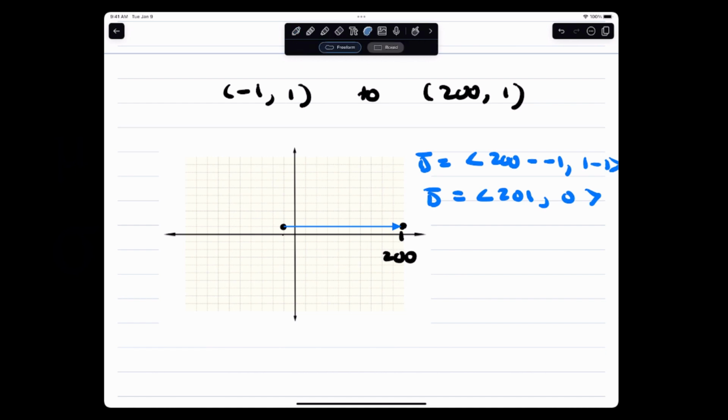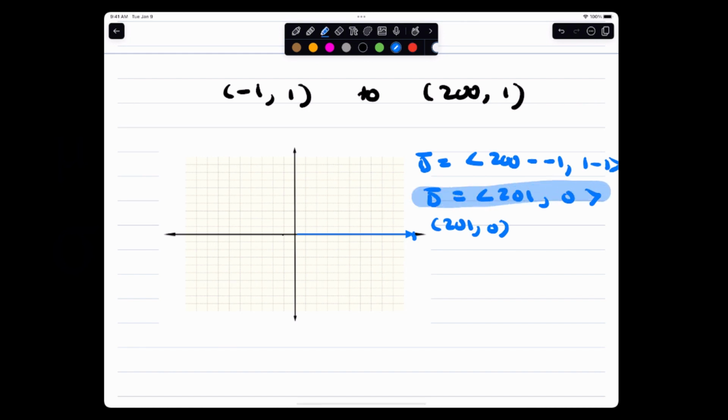So what I am saying here is that vector D is really right here, the point 201, comma 0. And that's what just happened. We found the vector D, the distance traveled here.